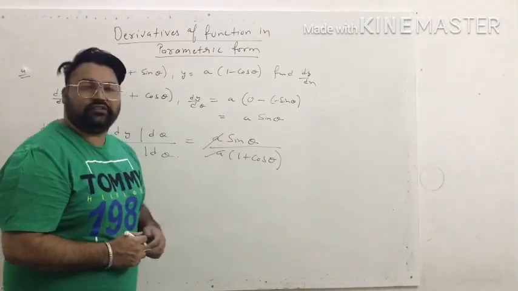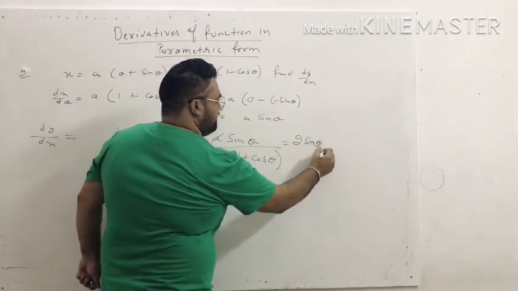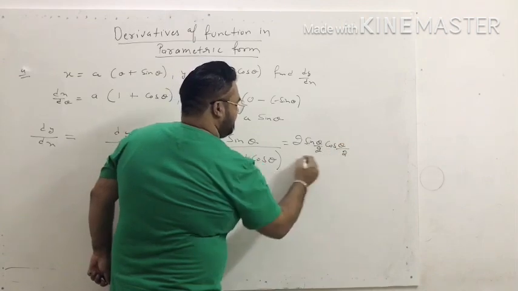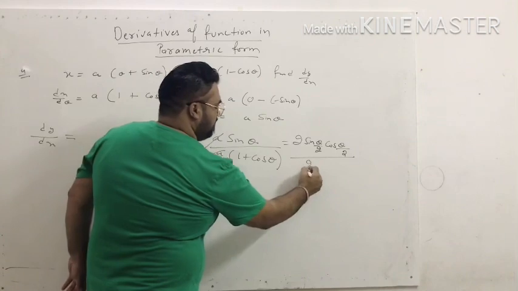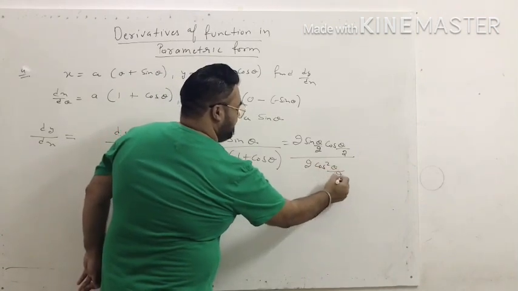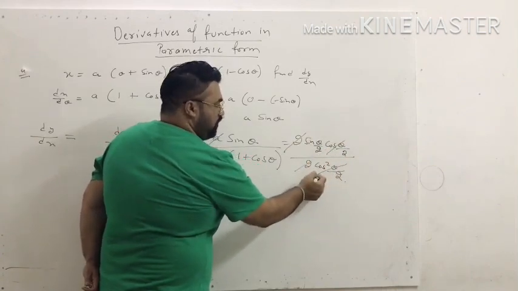Now just recall the formulas. What is the formula of sin theta? The formula of sin theta is 2 sin theta by 2 cos theta by 2. And what is the formula of 1 plus cos theta? 2 cos square theta by 2. Now 2 cancels, 1 cos cancels.